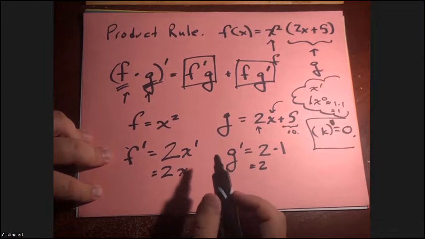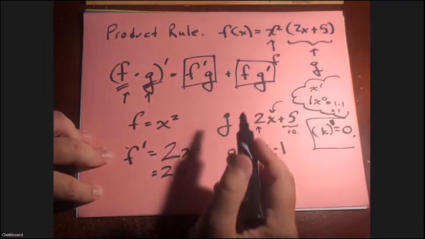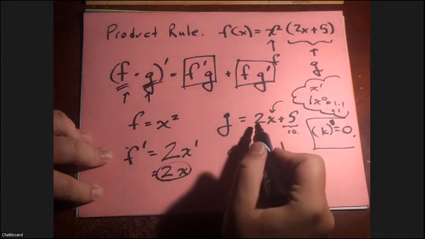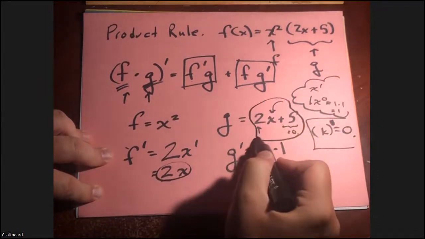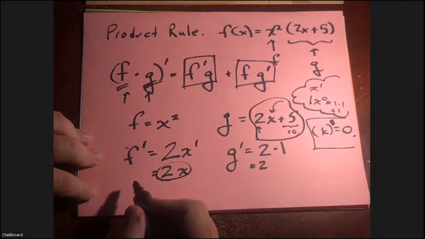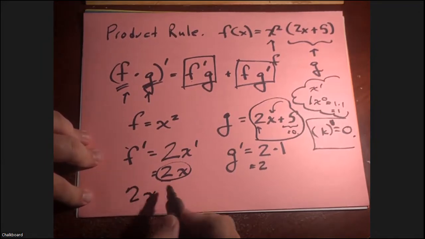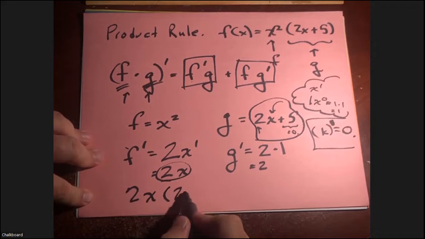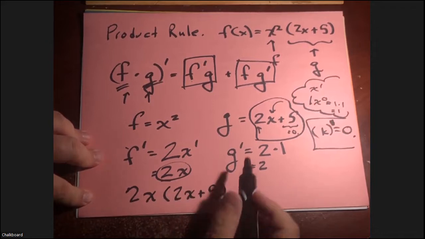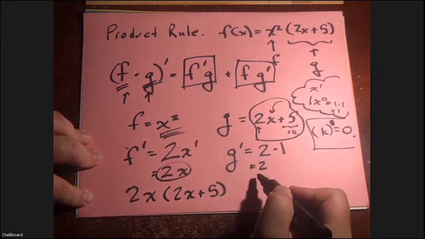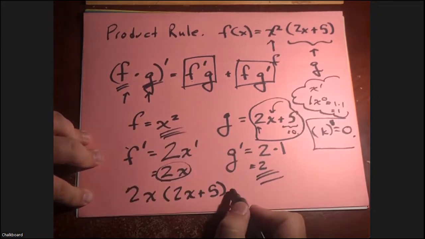Now, let's go ahead and construct the derivative using the product rule. f prime g means this times this, right? And then f g prime means this times this, which is 2x squared.